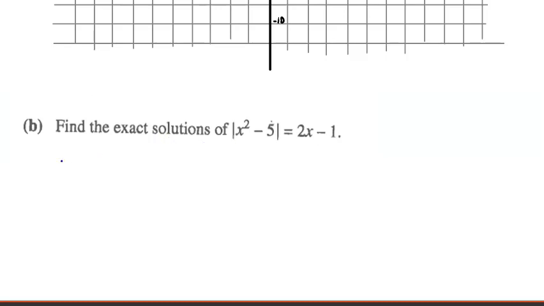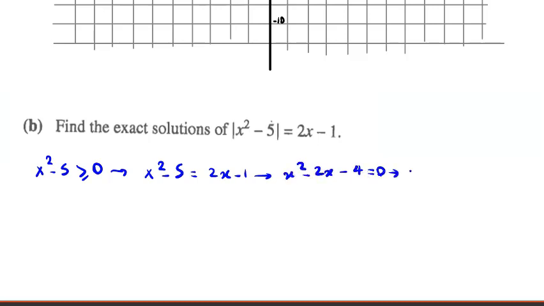So if x squared minus 5 is greater than or equal to 0, then x squared minus 5 equals 2x minus 1, and then x squared minus 2x minus 4 equals 0, so x equals negative b plus minus root of b squared minus 4ac, which will be root 20 over 2.